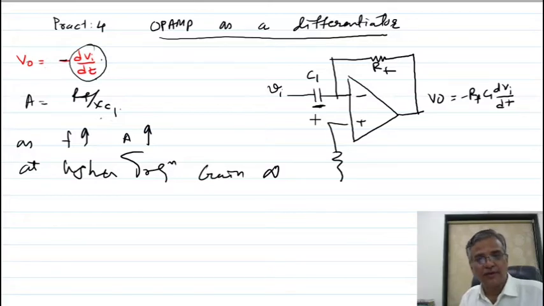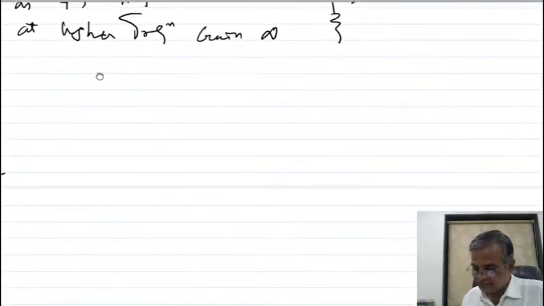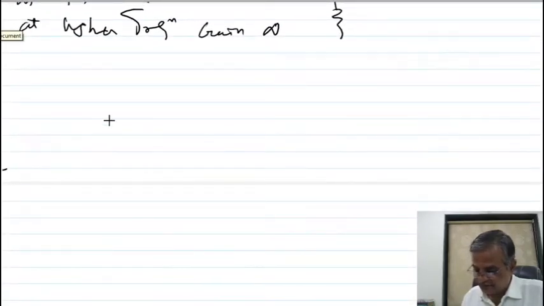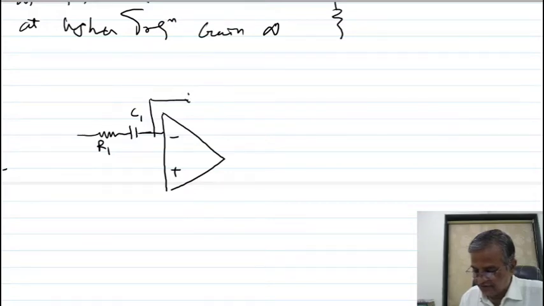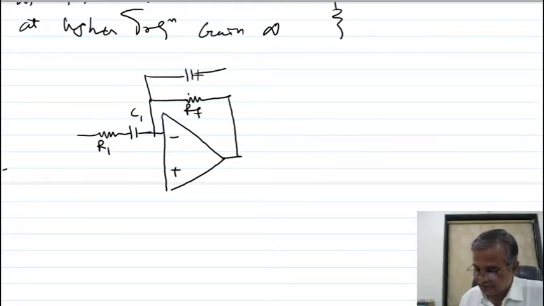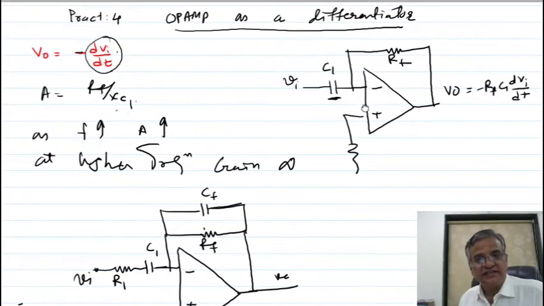So both problems will be overcome by connecting one resistor in series with the input capacitor C1, and some capacitance you connect in parallel to RF.